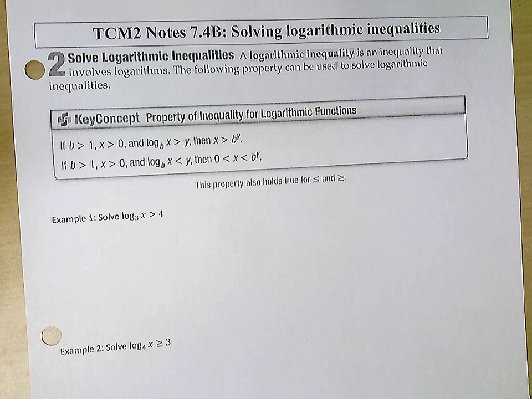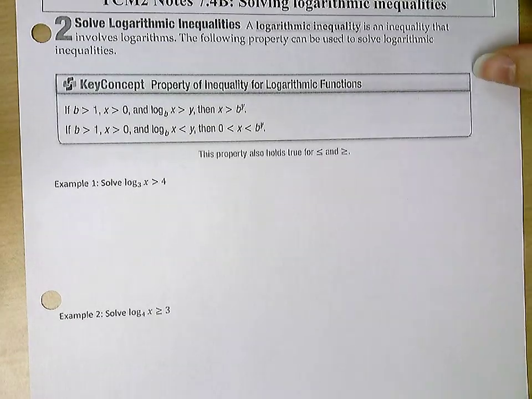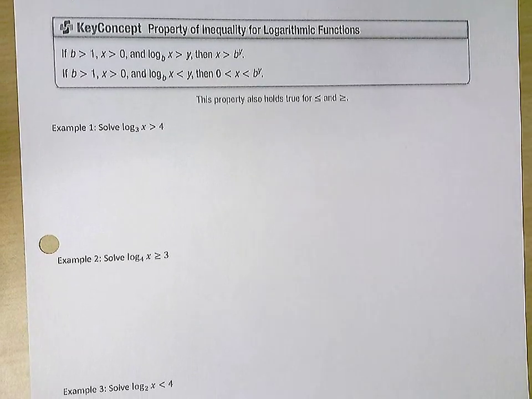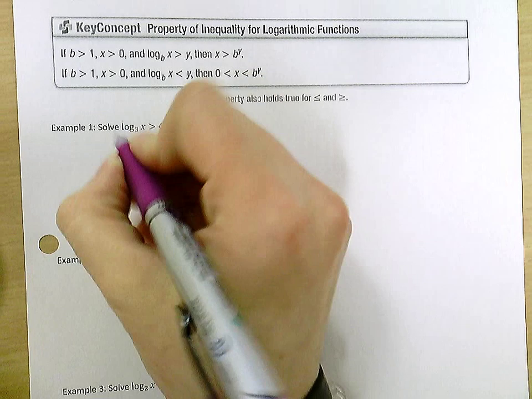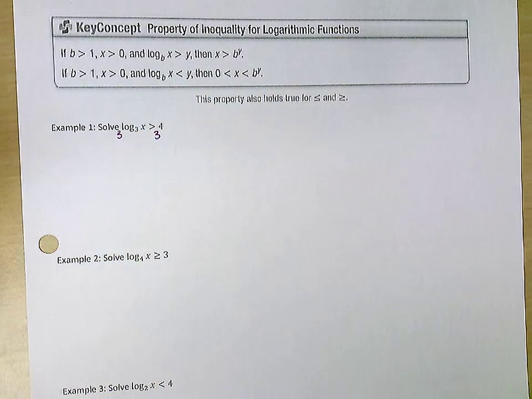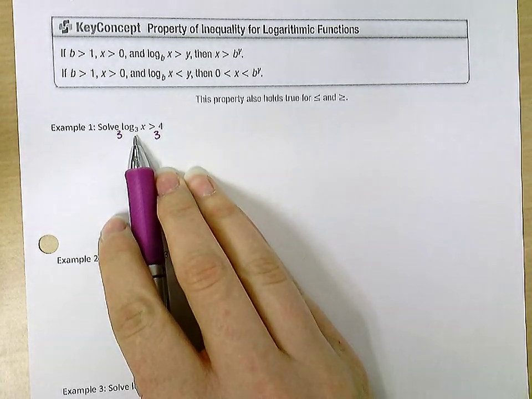In example 1, we want to solve log base 3 of x is greater than 4. Just like before, the first thing we want to do is change this to an exponential expression, so it's a little bit easier for us to solve. So we will bring in base 3 to both sides, since our base in that log is 3.